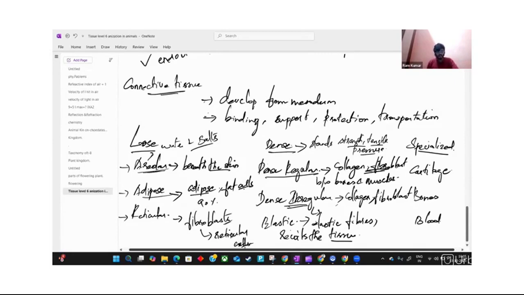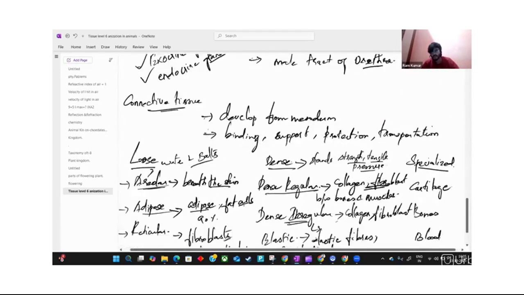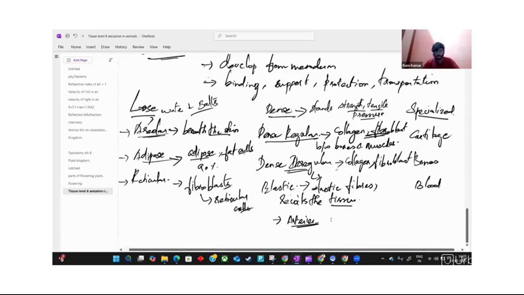So it also maintains the pulsatile flow of blood. These are the main functions of elastic fibers. Elastic fibers are predominantly found in the arteries of our blood vessels.